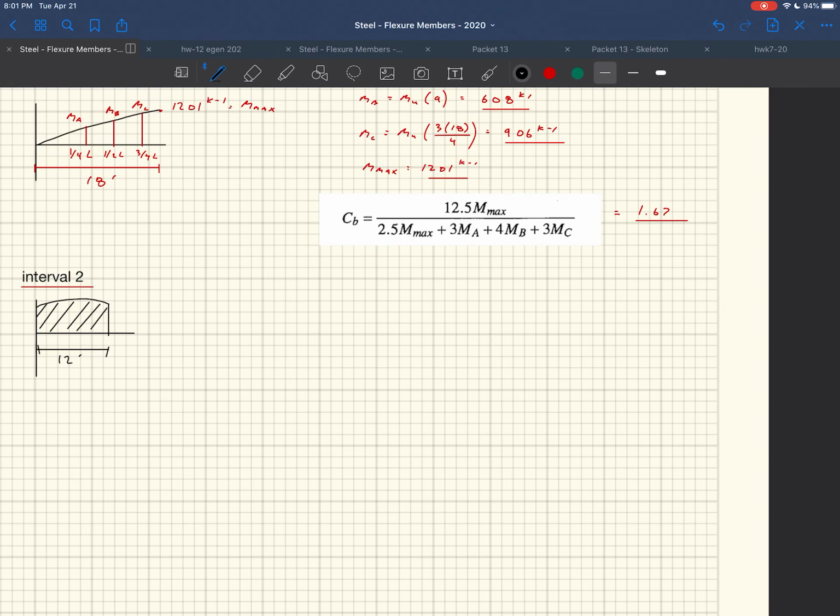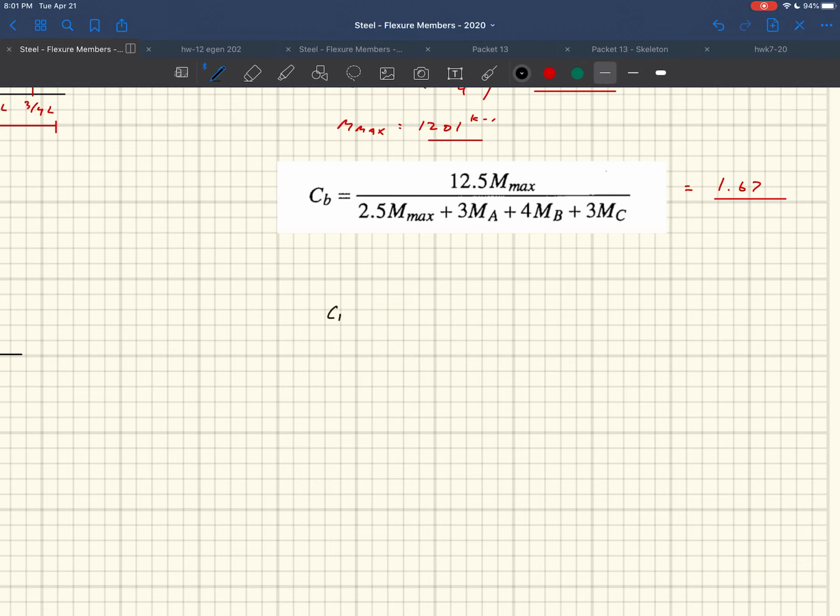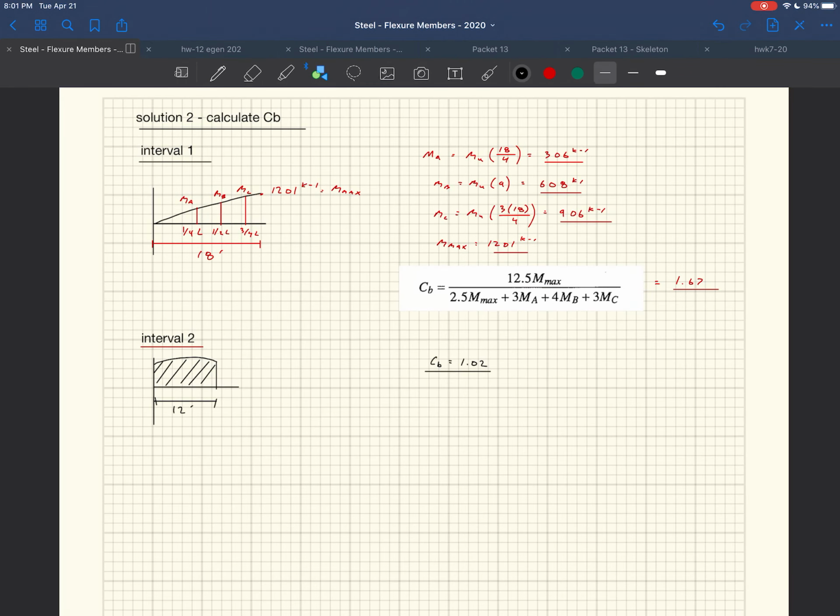But what I got was CB equal to 1.02. I think you guys hopefully get the point from doing the one up here how it works. In this case, this would be MA, this would be MB, this would be MC, and this would be M max. It would be the one up at the top right here. And when you plug those values into here, you get CB is equal to 1.02.